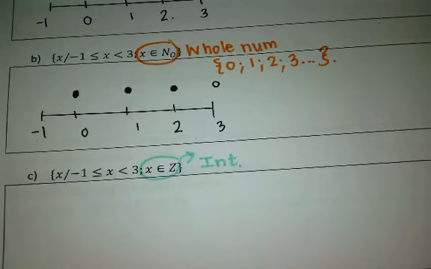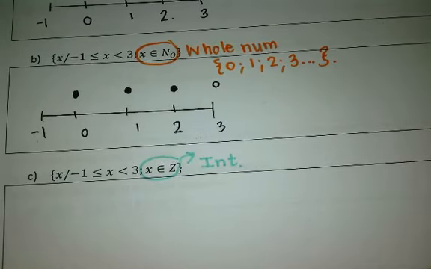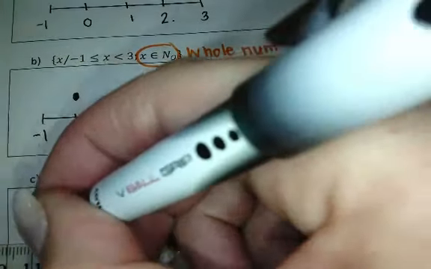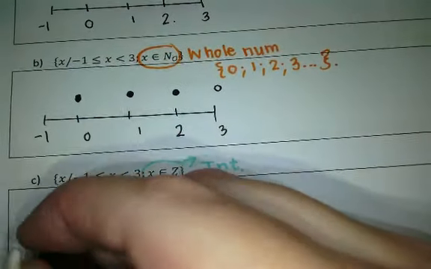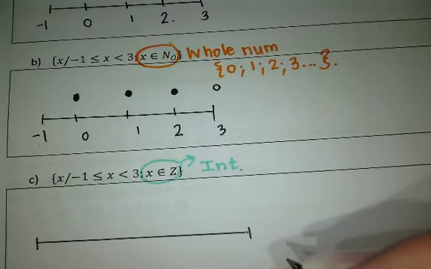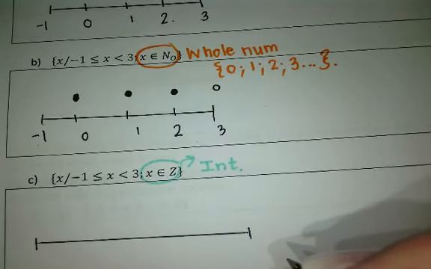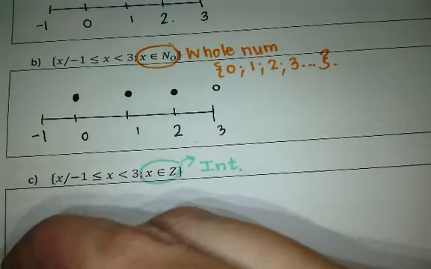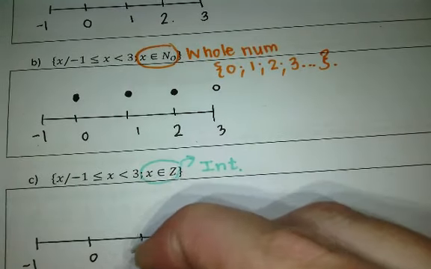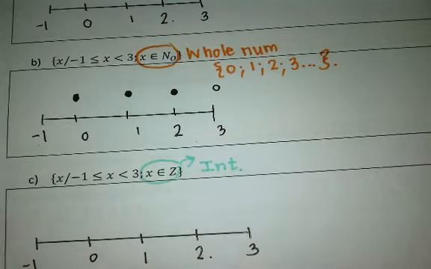Good job. Integers are all negative numbers to positive numbers going to infinity in both directions. Let's draw a number line. If we're working with integers, are our dots going to be connected? No, the only time we connect it is if it says x is an element of real numbers.